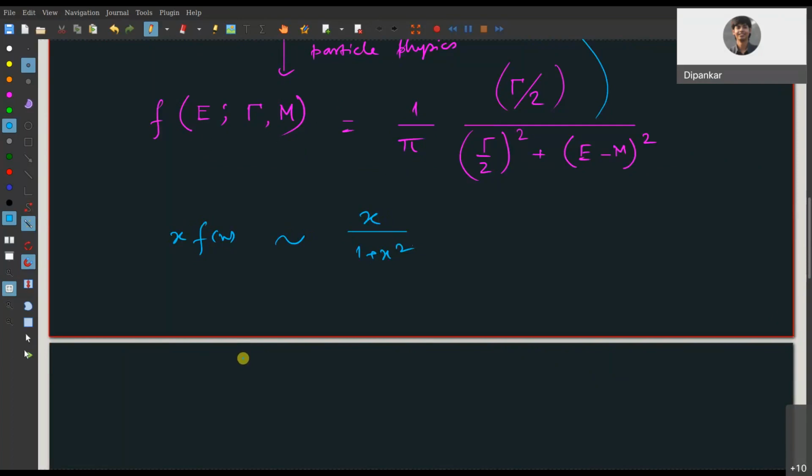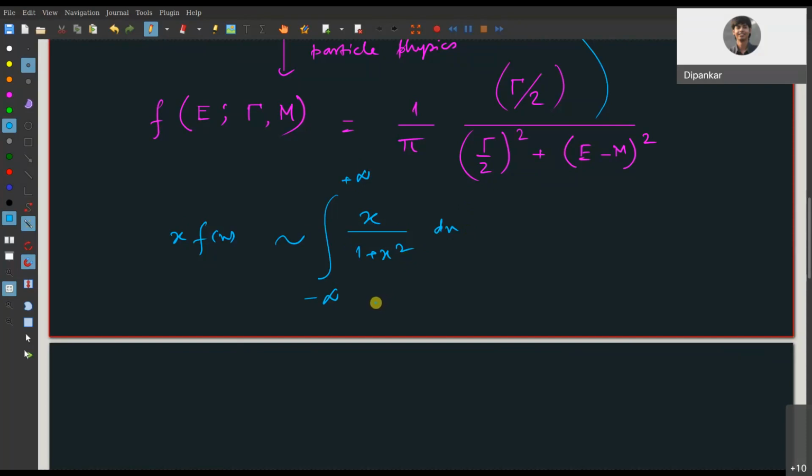Now you might be prompted to write that if I integrate this between minus infinity to plus infinity, of course the range of x is from minus infinity to plus infinity, dx, since this is an odd function, it should be 0. But you should watch your mathematical steps very carefully.